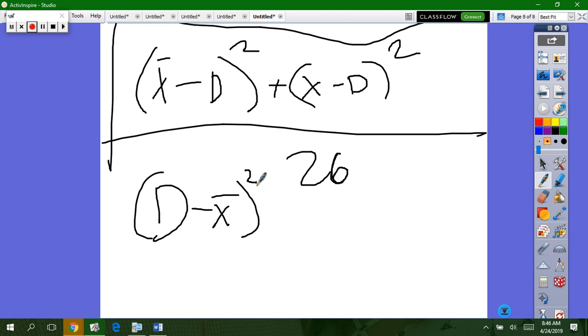X bar, you don't know what it means? D means your data point. So her shoe size 4: what's 4 minus 8.77? Then we go to his shoe size and the next, and figure them all out from the average. Then you add them all together, divide by 26, take the square root. But like I said, never going to use it. So onward and upward.